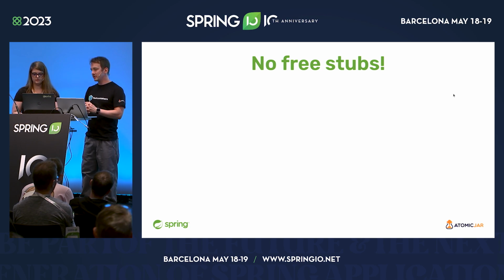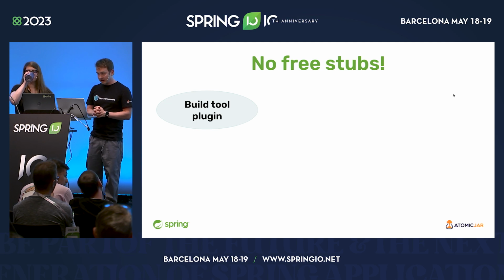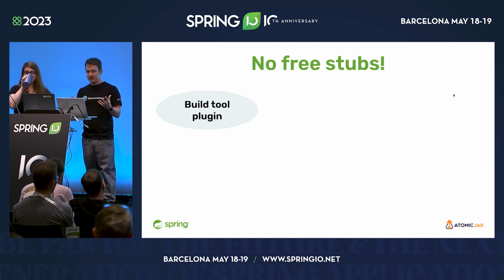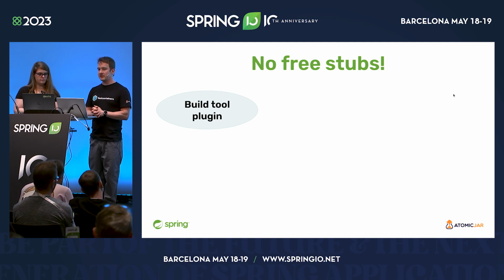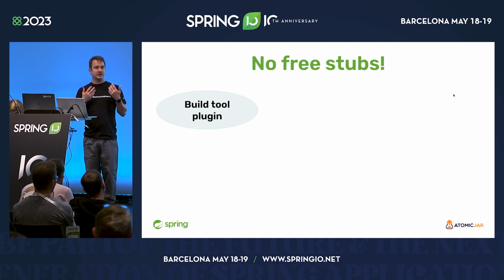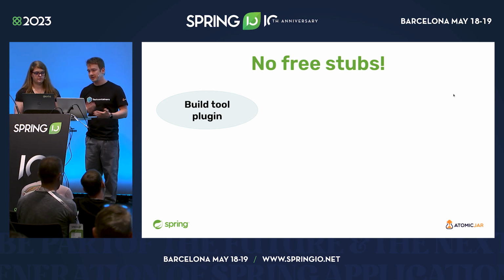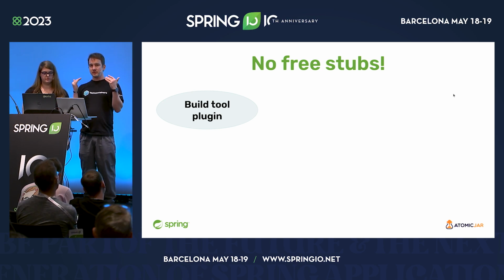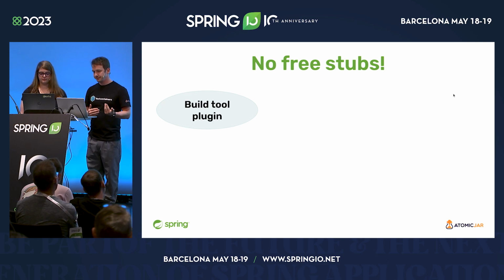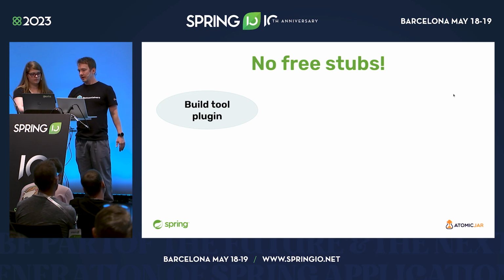But here's the mind map. First, for the Spring Cloud Contract setup, you will need to instrument your project with the plugin. The project will generate some tests on the producer side, for example, so it will need to work from your build tool. So there is a build tool plugin that we're going to do.